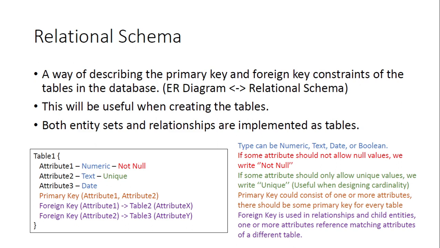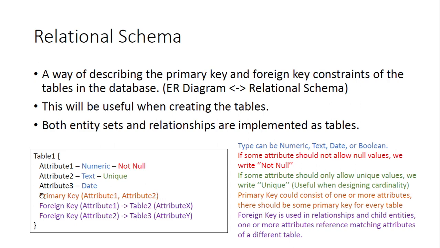For example, with a relationship, we talked about the cardinality, and to design cardinality in a table, we use unique constraints. But the primary key is already unique, so we don't need to specify that it's unique. We write our primary key attributes in the table.